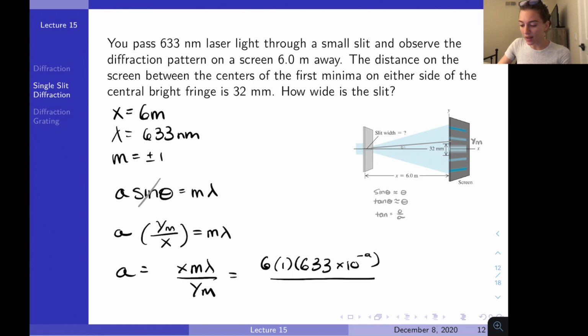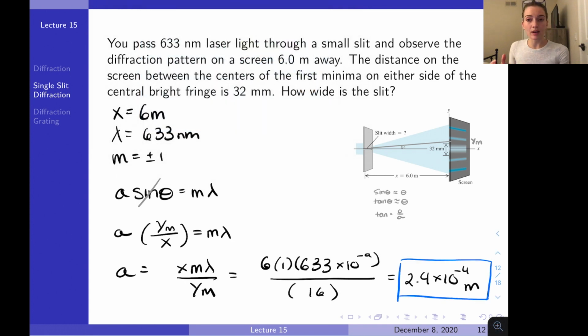So the distance ym is just going to be half that. So ym will just be 32 over 2, which is 16. So this will actually just be 16 down here. And so this comes out to 2.4 times 10 to the negative 4 meters.